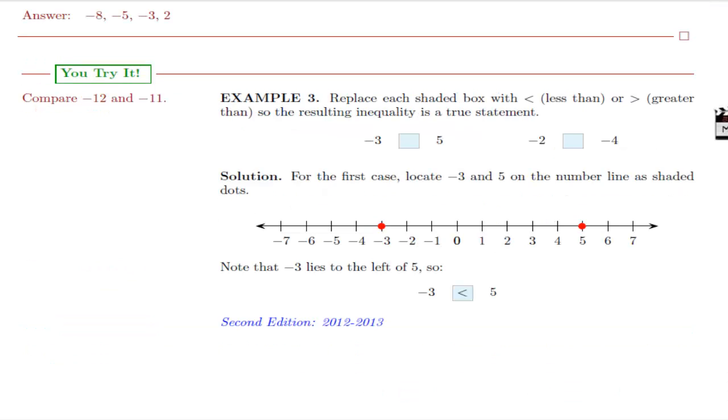Example 3. Replace each shaded box with a less than symbol or greater than symbol, so the resulting inequality is a true statement. Solution. For the first case, locate -3 and 5 on the number line as shaded dots. Note that -3 lies to the left of 5, so -3 < 5.